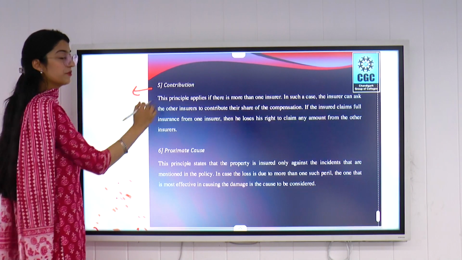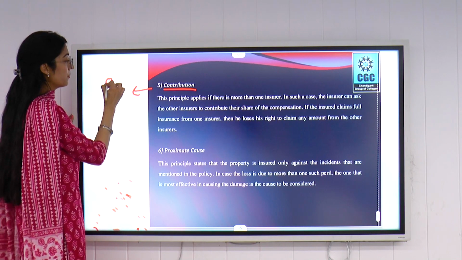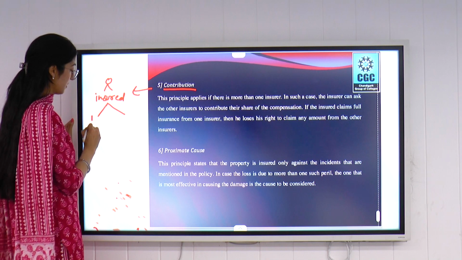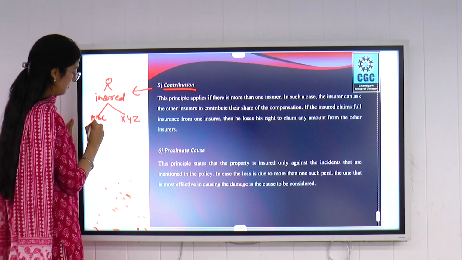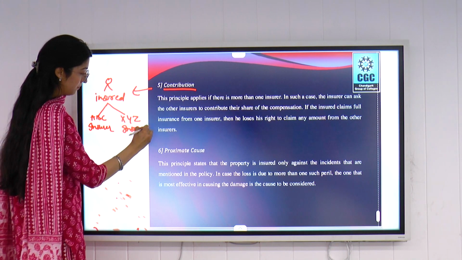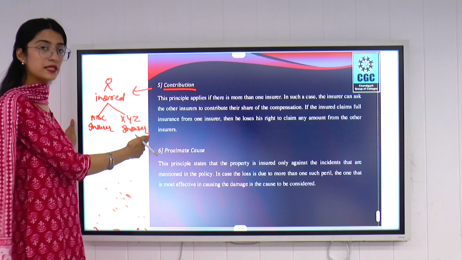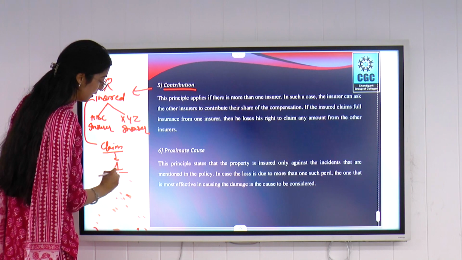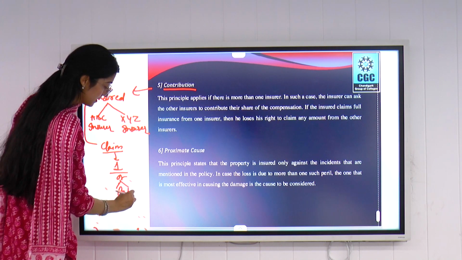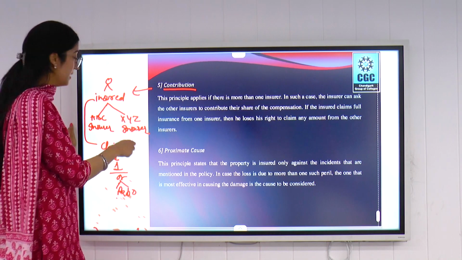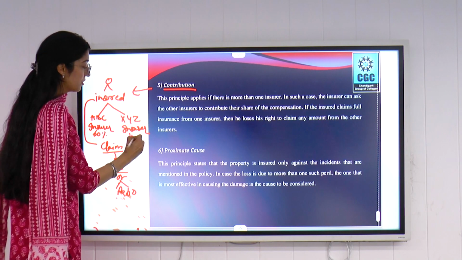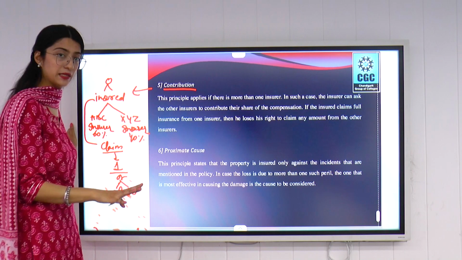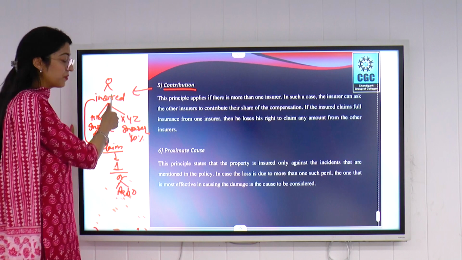Now in case of contribution what happens is, the insured, that is basically the policy holder, may take a policy from ABC or XYZ insurer. दो कंपनी से वो पॉलिसी ले लेते हैं. सो जब भी दो पॉलिसी ले रहा है, तो जब भी क्लेम लेना है, वो क्लेम सिर्फ किसी एक से लेगा या फिर दोनों से ratio में लेगा. They did not ask for the same claim from both the companies. Let's say यहाँ से इनकी पॉलिसी 60% की है, इन्होंने 40%. तो अगर इंश्योर्ड ने ABC कंपनी से फुल क्लेम ले लिया है, तो वो XYZ से क्लेम नहीं ले सकते हैं. फाइन. और दूसरे केस में भी वो 60% अमाउंट यहाँ से क्लेम करें, 40% यहाँ से क्लेम करें.